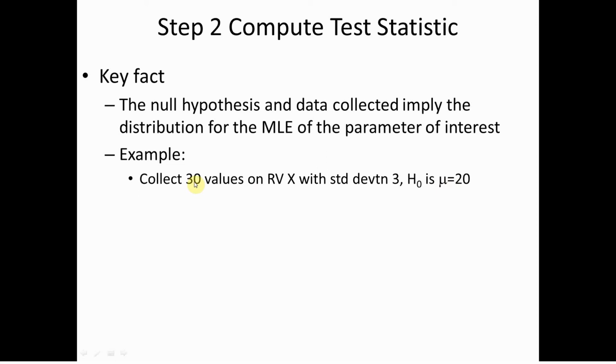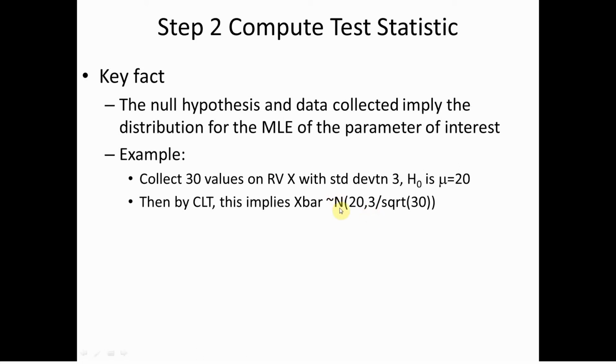So if I know this and I assume this, then it follows that the distribution of the MLE estimator, which is x bar, by the central limit theorem, has a normal distribution with a mean of 20 and a standard deviation of 3 divided by the square root of 30. So what we're saying is that if this is true, then this is true.